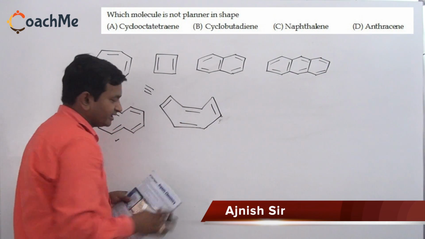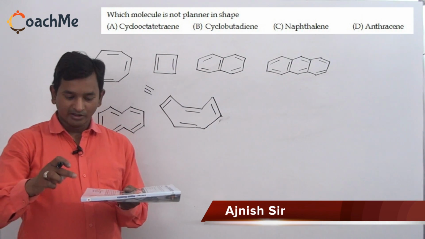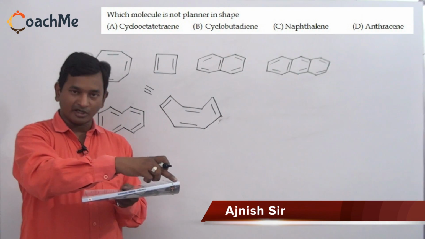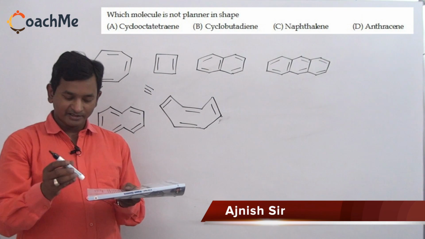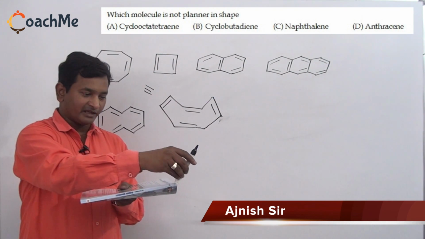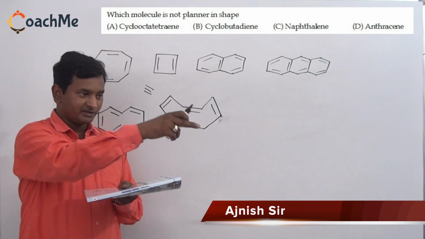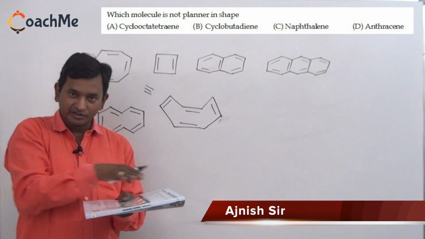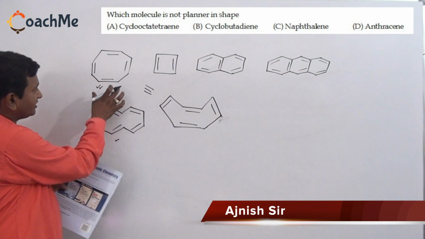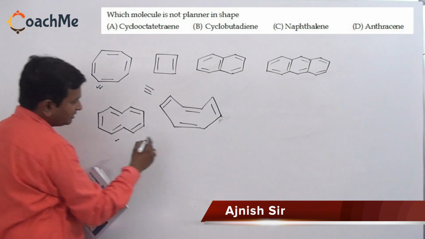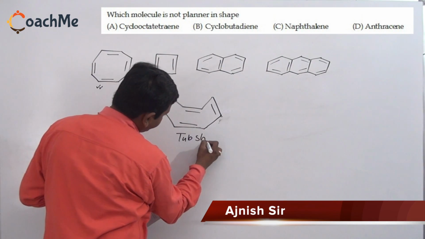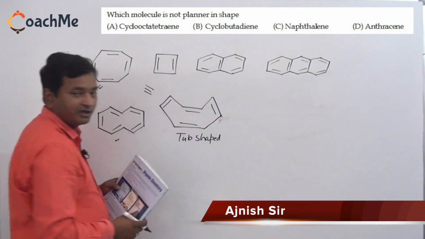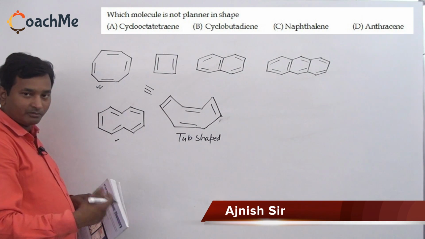It will be like this. You can think of carbons 1, 2, 3, 4, the 5th is like this, the 6th is like this, the 7th is like this, and the 8th is like this, and this is attached. So it will be like a tub in nature. The structure of cyclooctatetraene is not planar, but it is tub shaped. And this molecule is also not planar in nature.